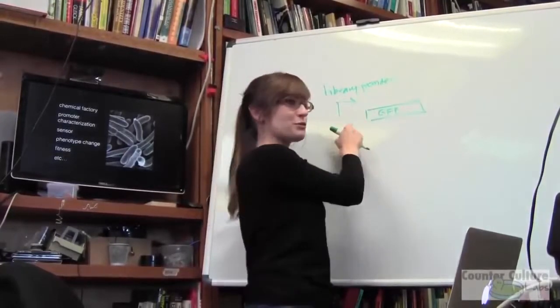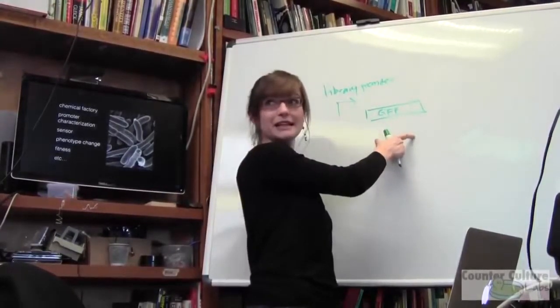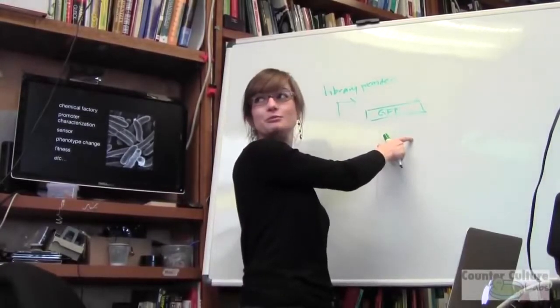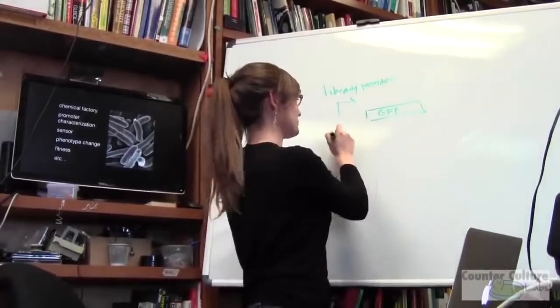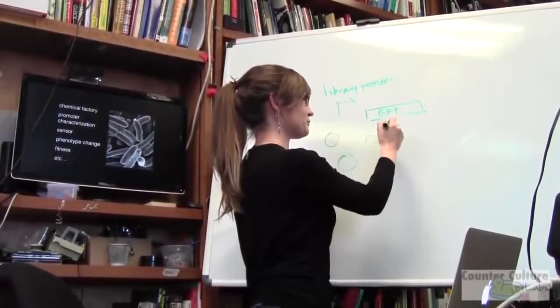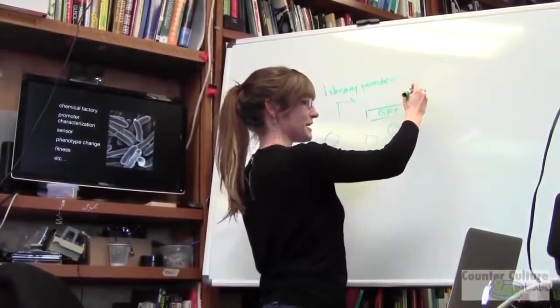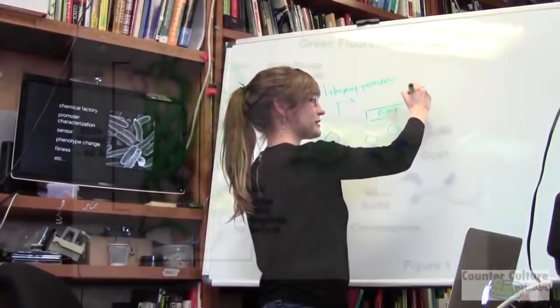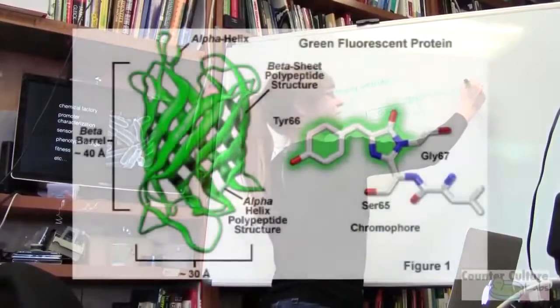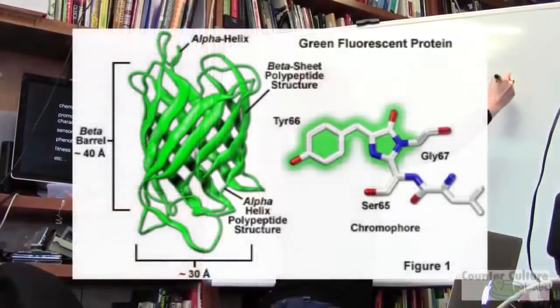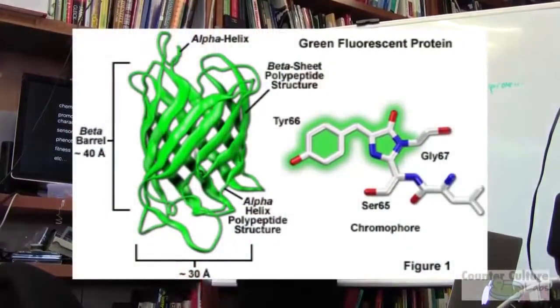You could, after that promoter, drop GFP in, right? And if you transform that, if you put that DNA into cells, you would have cells that fluoresce. What everyone knows, well, maybe not everyone knows this, GFP is what? Green fluorescent protein. So you would have cells that would fluoresce to different intensities, potentially.